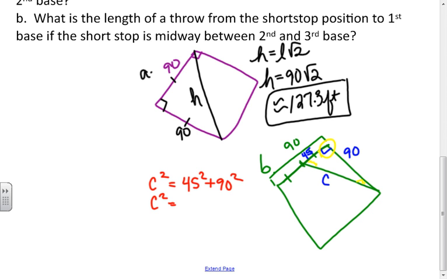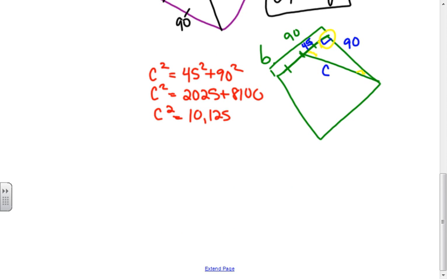C squared is 2025 plus 8100. C squared is 10,125. And again, since we're talking about a real length, we go to our calculator, and C is approximately 100.6 feet.